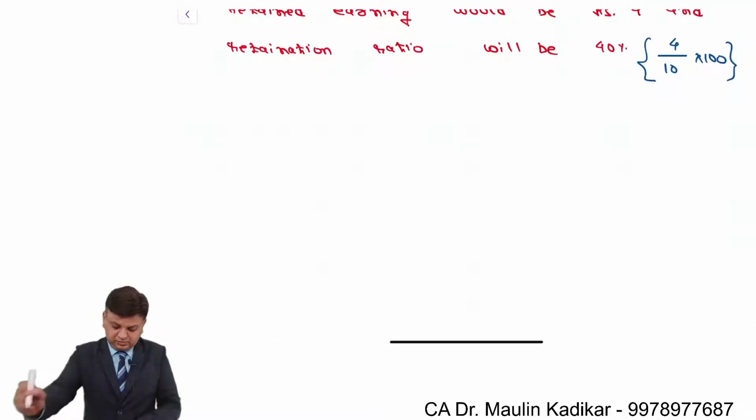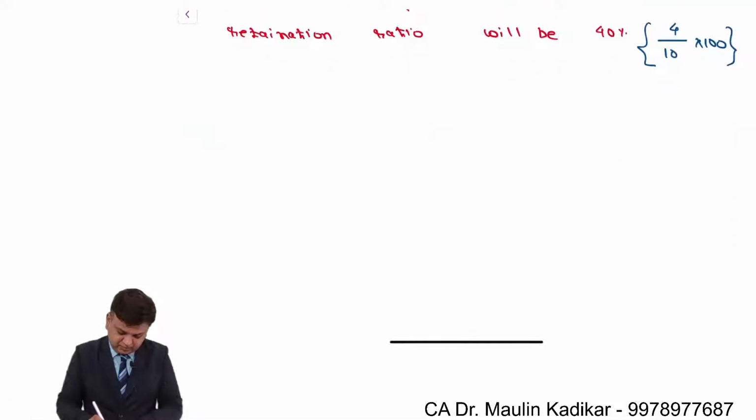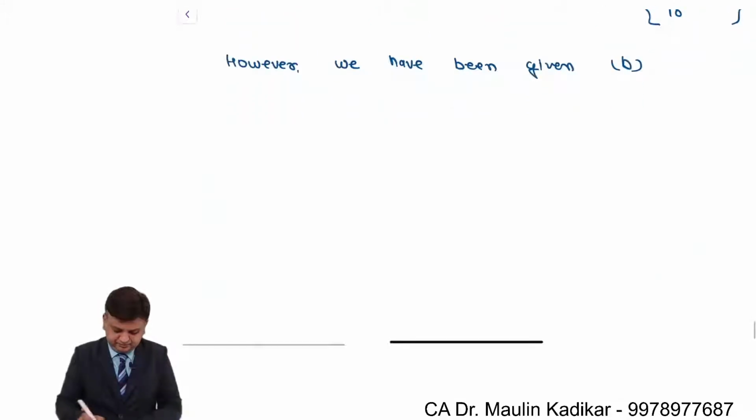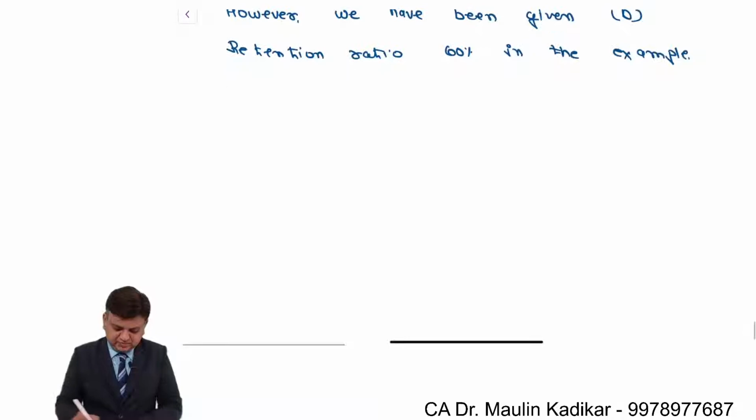With paragraph write down. However, we have been given retention ratio 60% in the example. Full stop.